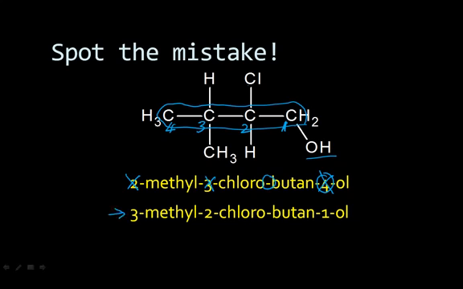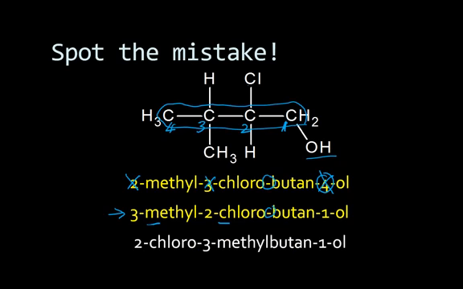What's wrong with this name? Okay, it seems to have everything right, except again the dash is in the wrong place. But now, if you look at this 2 here, okay, in alphabetical order, remember? So chloro before methyl, and the correct name is 2-chloro 3-methyl butan 1-ol. Okay, did you get that one?